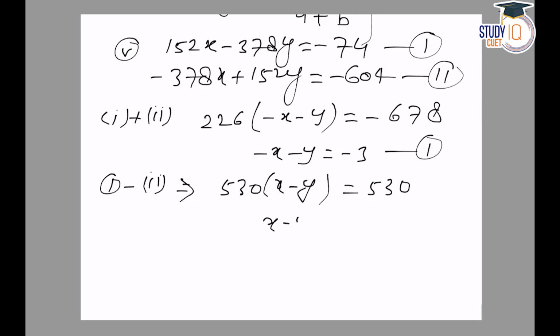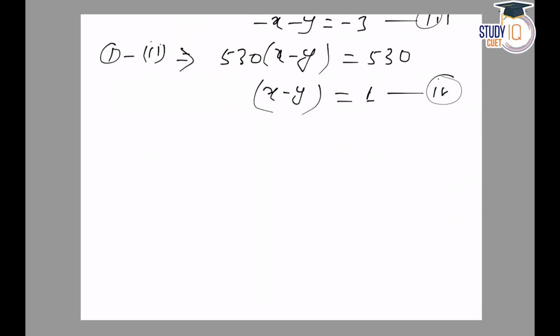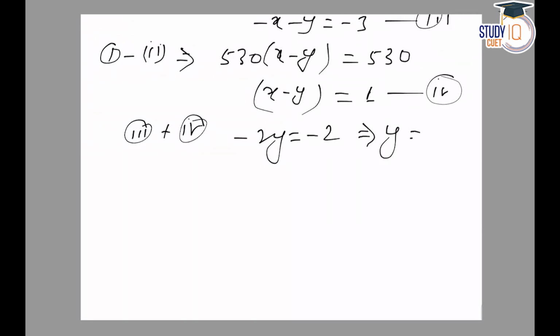So x minus y equals 1. That is equation 4. Now solve equations 3 and 4. So add equation 3 and 4. We get 2x equals 4, so x equals 2. Put x in any one, so we get y equals 1. So x equals 2 and y equals 1.